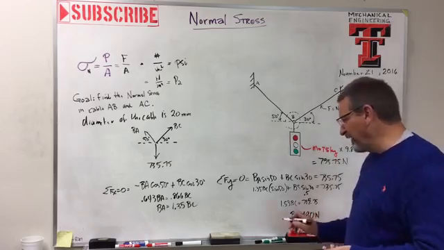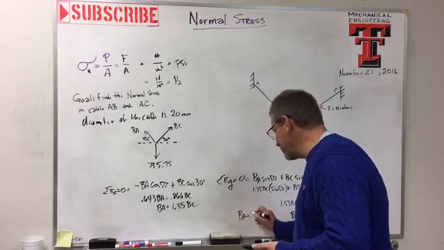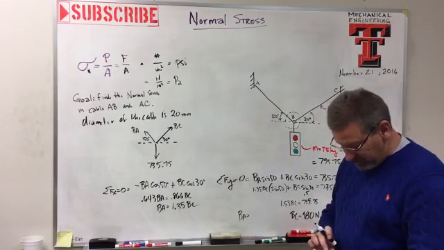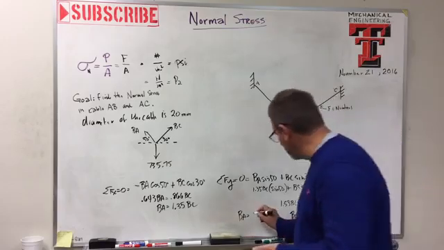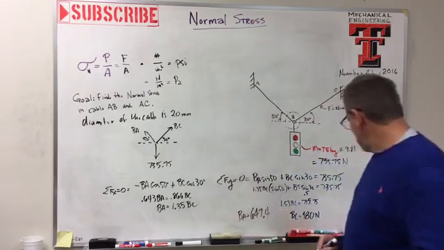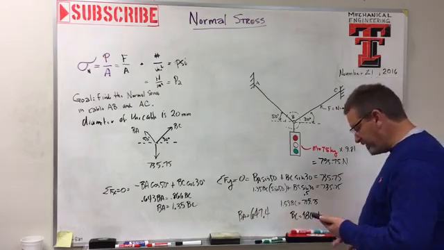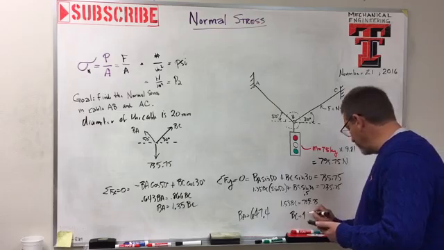And if BC is 480, then BA must be equal to that times 1.35, 647.4. This is going to bug me if I don't put enough decimals on here, so 479.6.